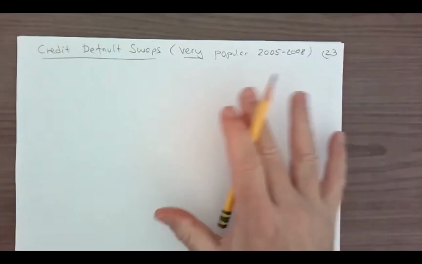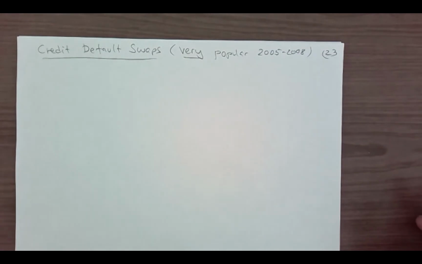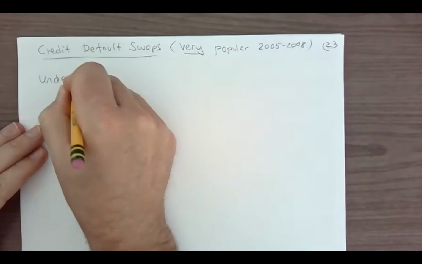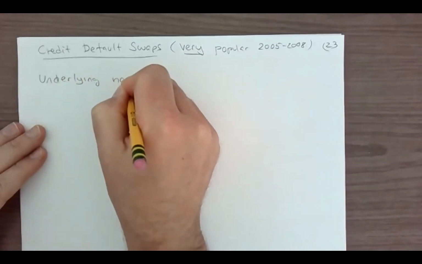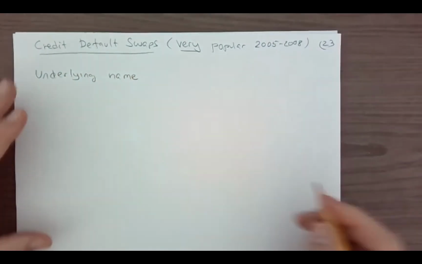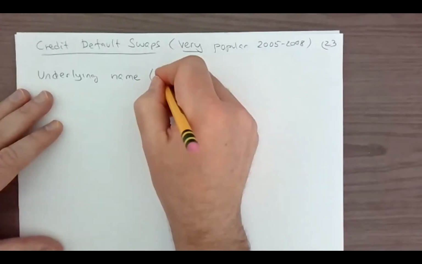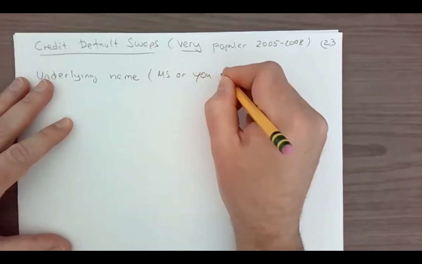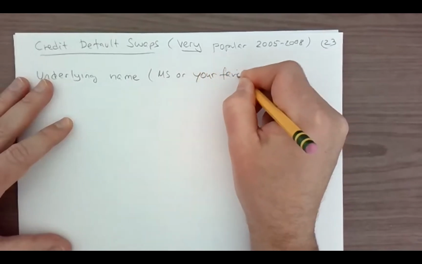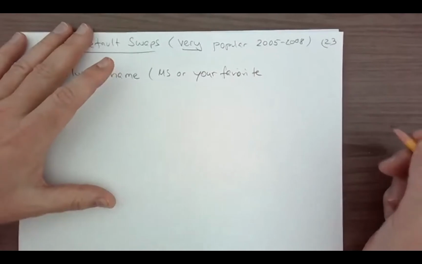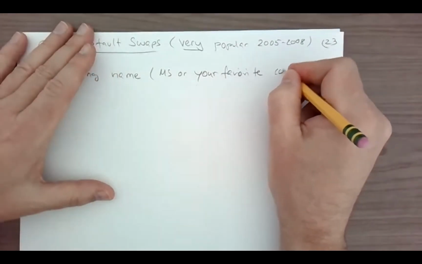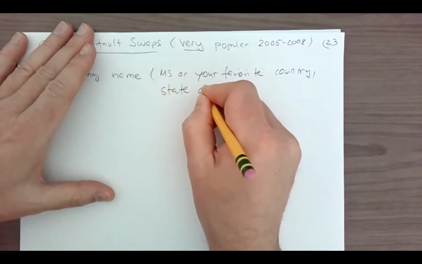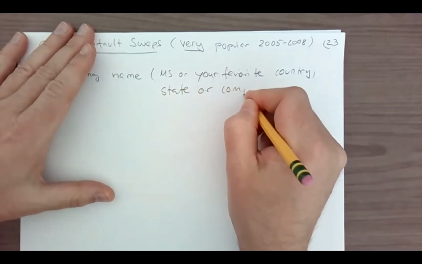I mean, at that point, they were. There's going to be an underlying entity. There's an underlying name like Microsoft or your favorite country, state, or company.